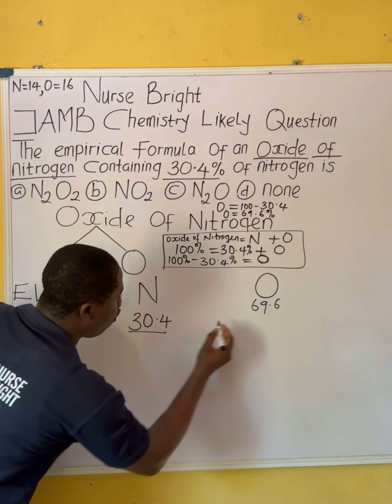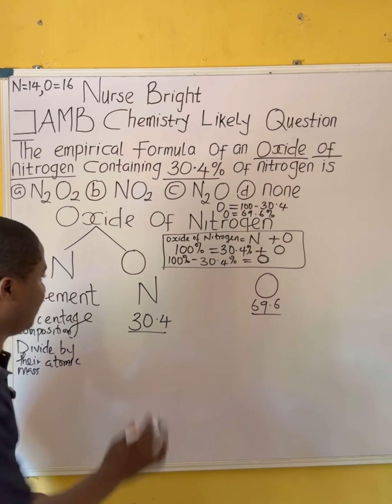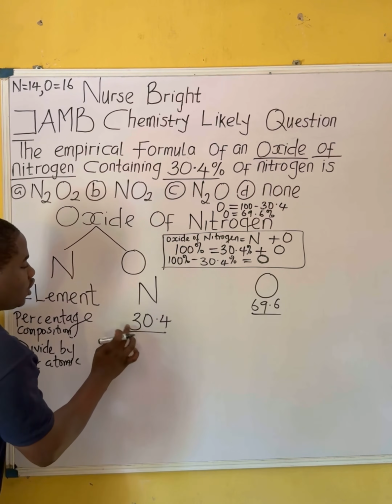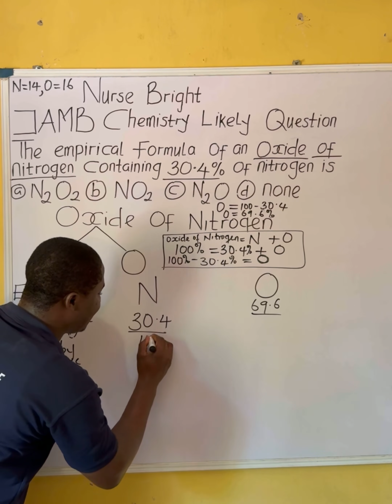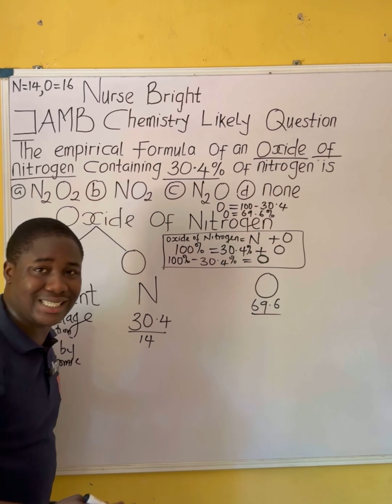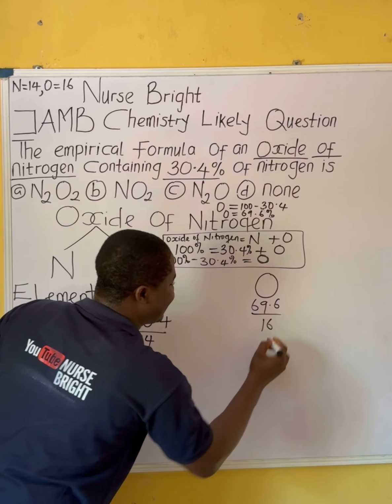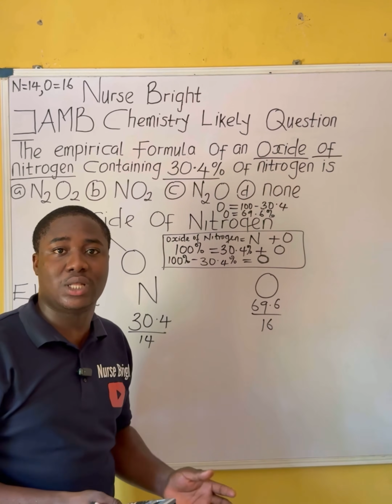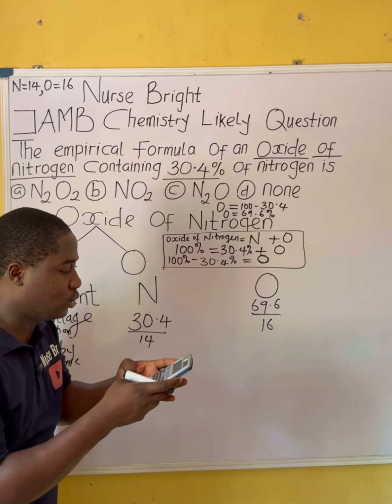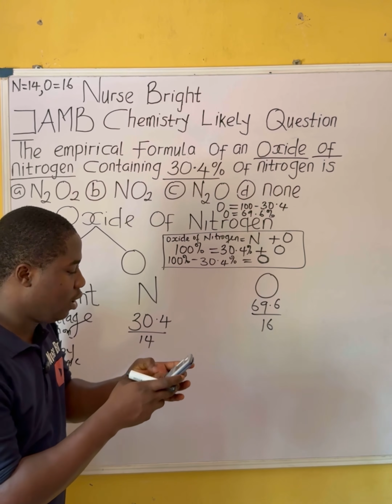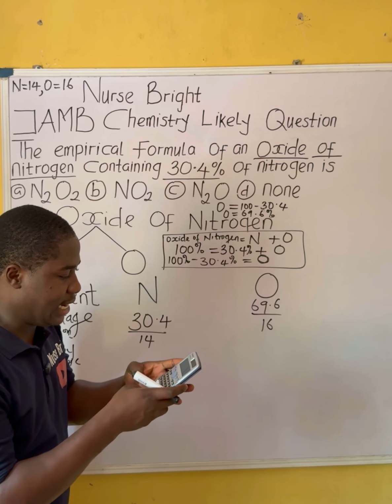So divide through by their various atomic masses. So divide nitrogen's percentage composition by its atomic mass, which is 14 in this case, and oxygen percentage composition by 16. I believe you guys are following. So let's do that. So dividing 30.4 divided by 14, what are we getting? 30.4 divided by 14.